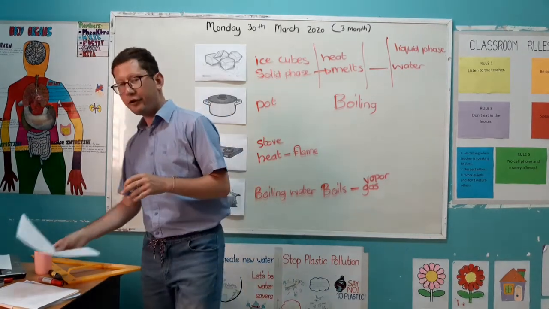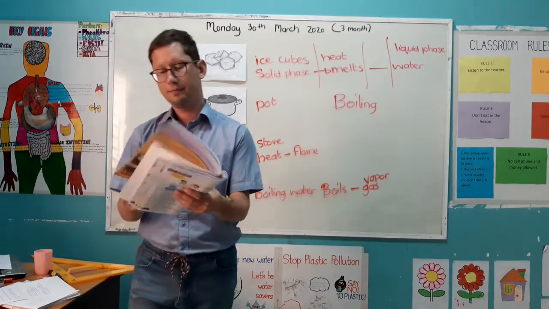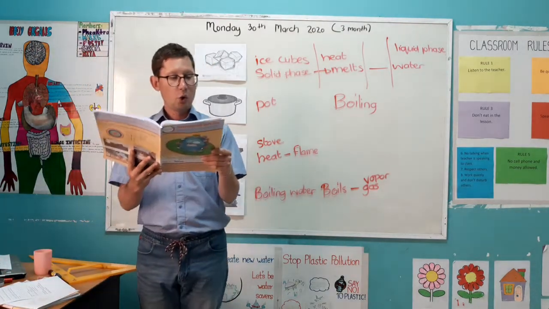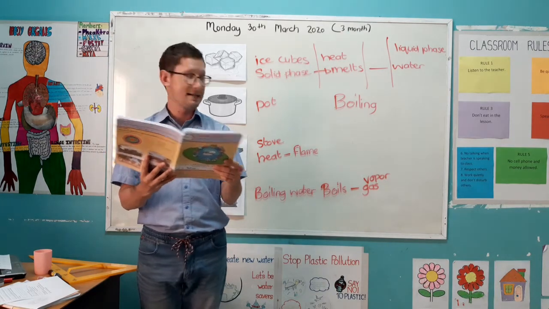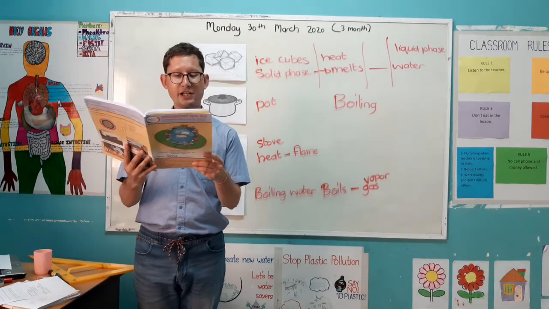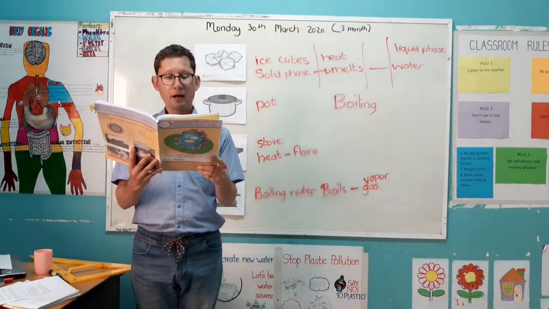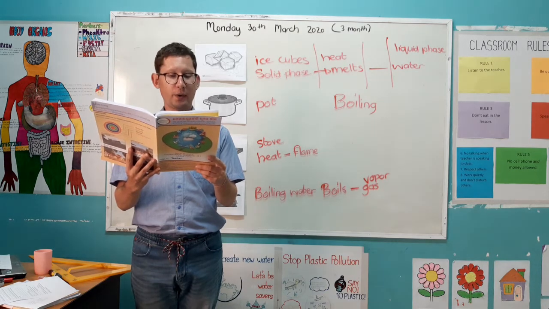I'm just going to read for you something from the book. When a liquid boils, it changes into gas, like I explained to you. When water boils, it changes into a gas. The particles of the liquid gain heat and move much more quickly.